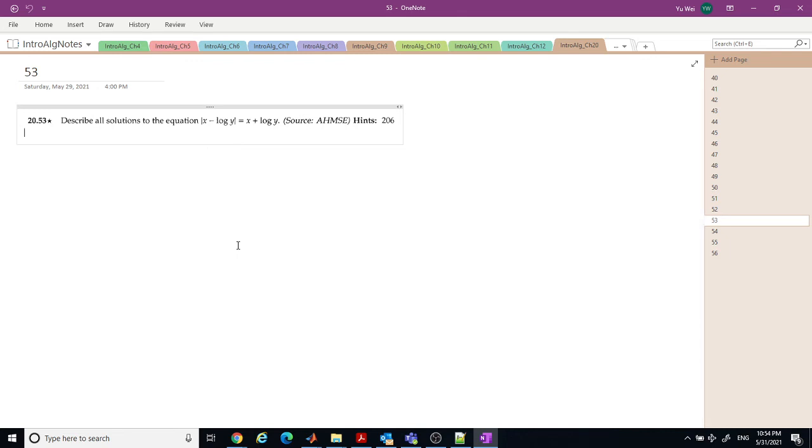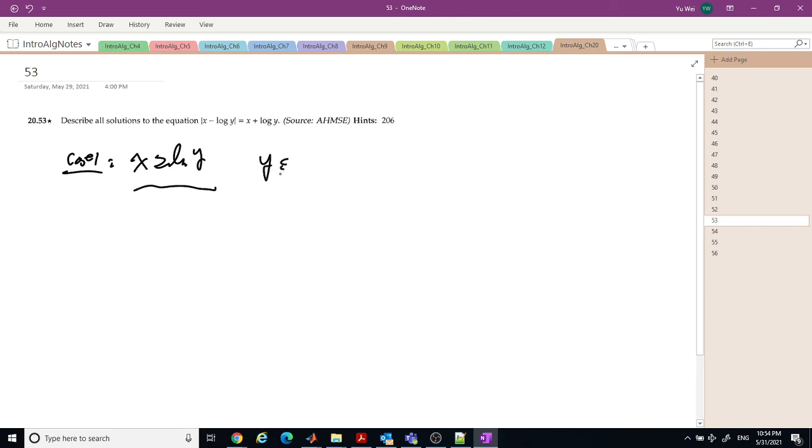Okay, so we need to talk about the casework, right? So first, case 1 is x greater or equal than the log of y, right? So that means y needs to be less or equal than e to the x.